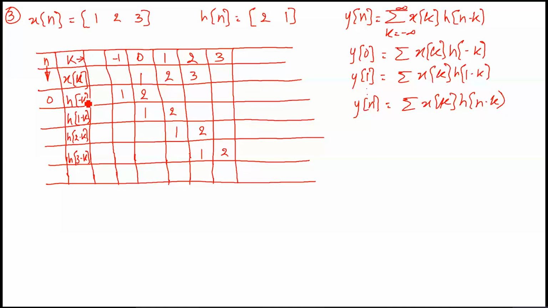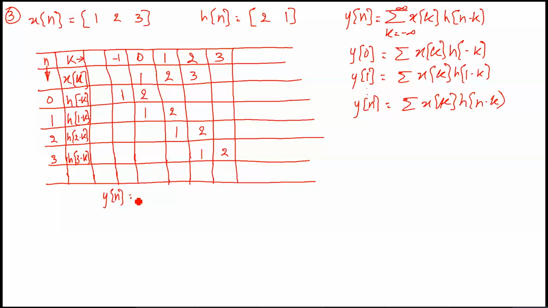You can think of this as h of n minus k, where n is 1, n is 2, n is 3, something like that. Okay, so y of 0 is basically product of x of k with h of minus k, for 0 minus k. This with this. And we can just write your y of n this way.